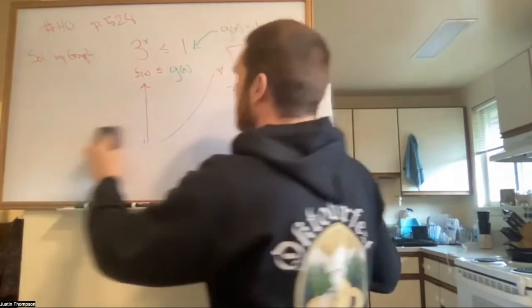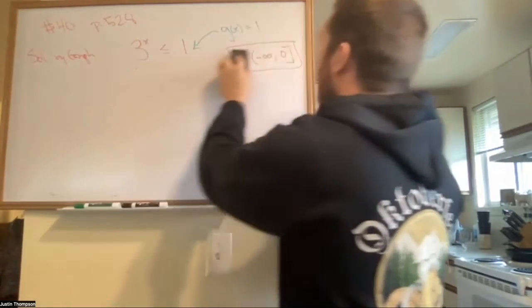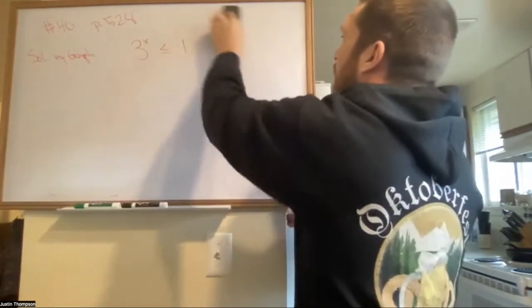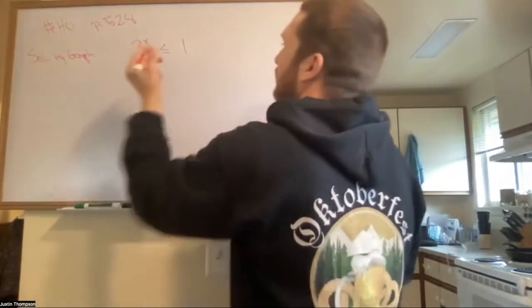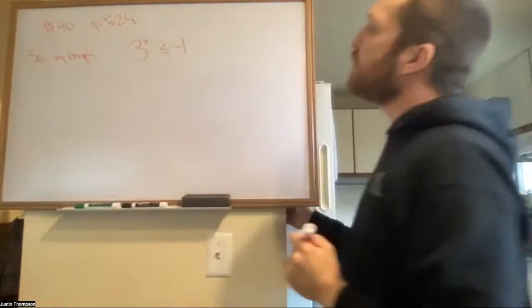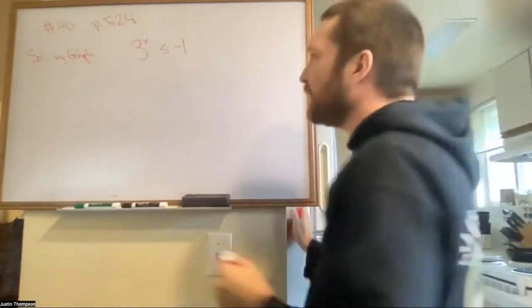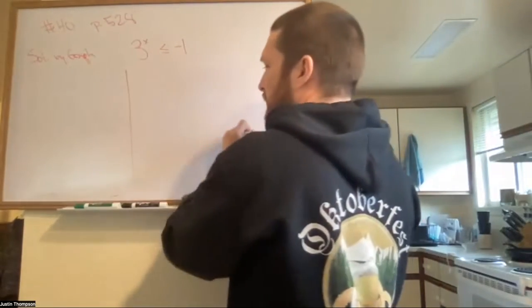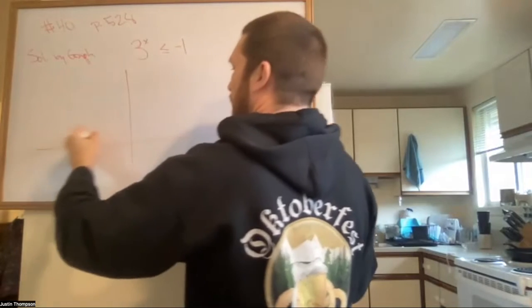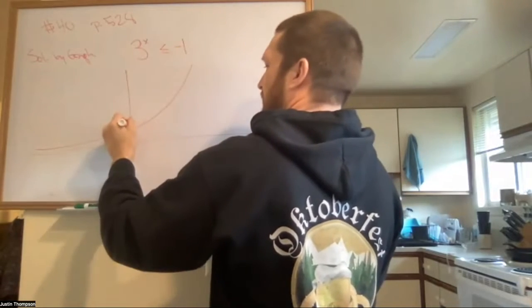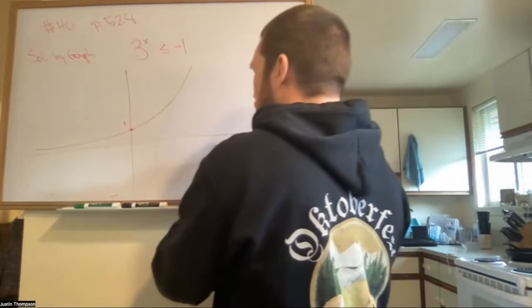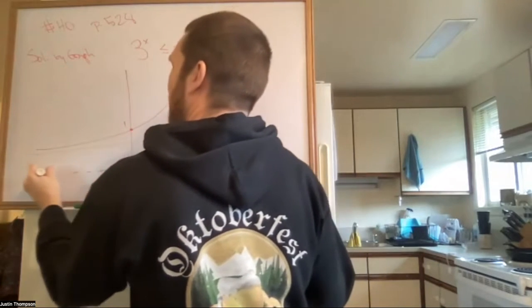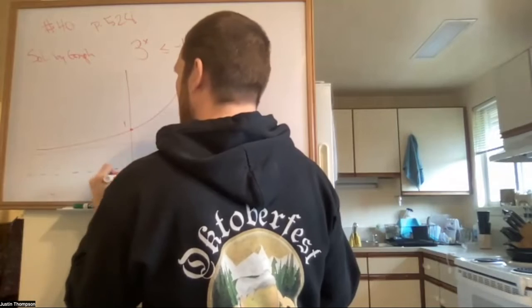So for instance, real quick. They said solve by graphing, when is 3 to the x less than or equal to -1? We would do the same thing. We would say, well, this is what 3 to the x looks like. It goes through here at 1. And it's asking, when is it less than or equal to the line -1?